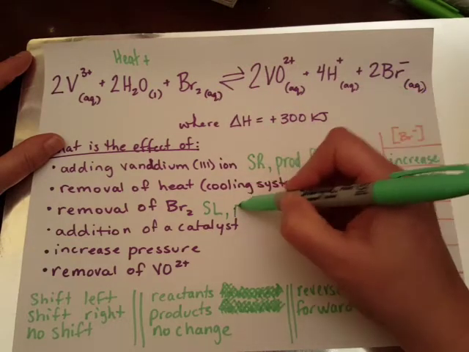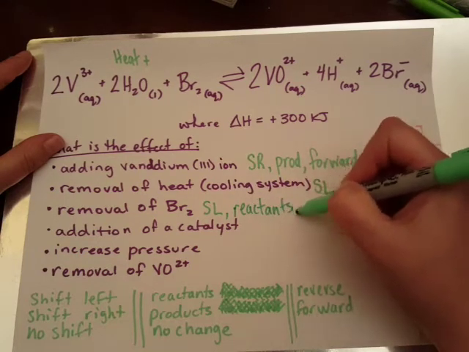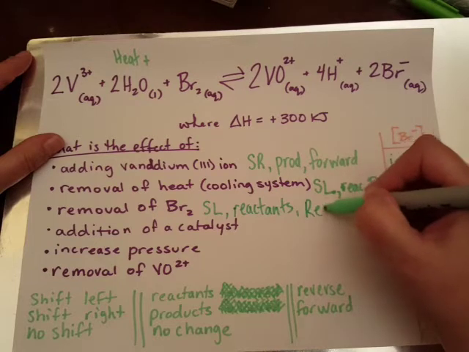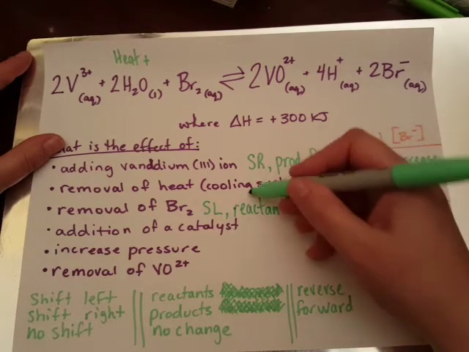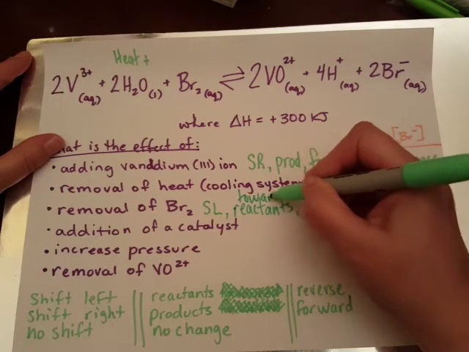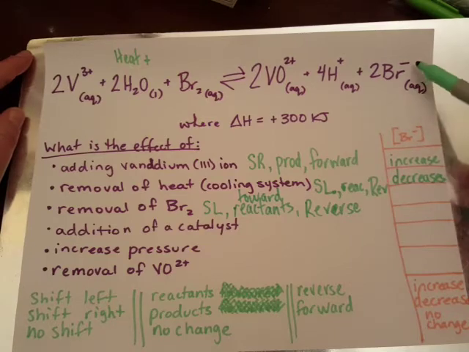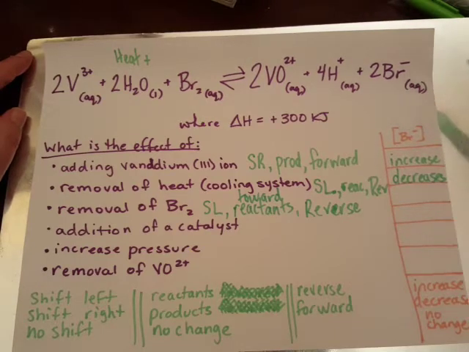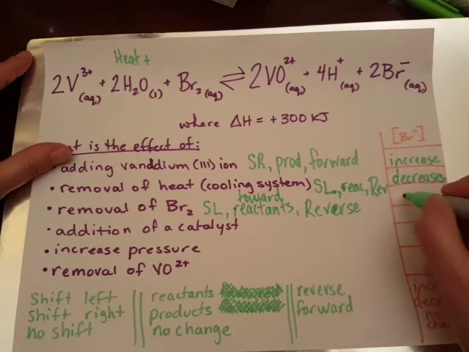So we would see a shift towards the reactants. We would see the reverse reaction. And in terms of the Br ion, again, as the reverse reaction is really happening a lot, we would see the Br ion decrease.